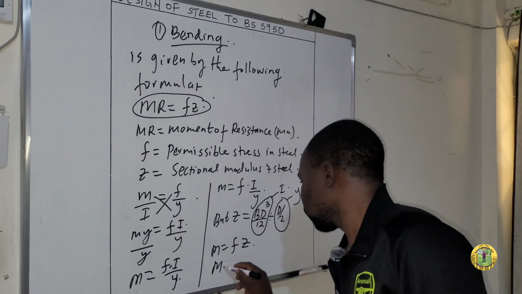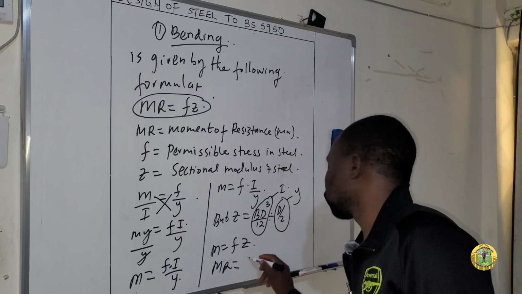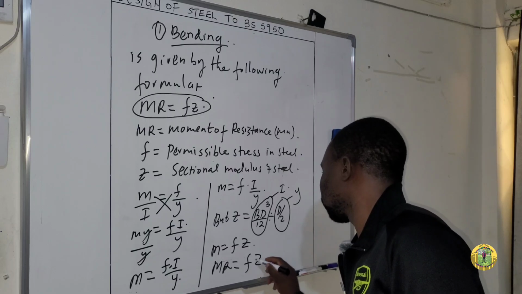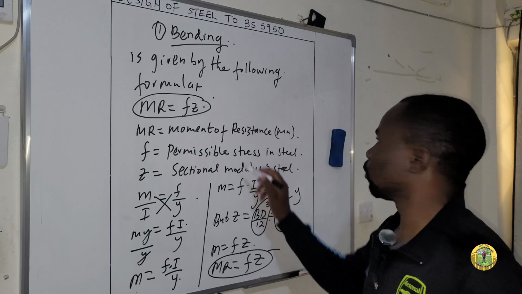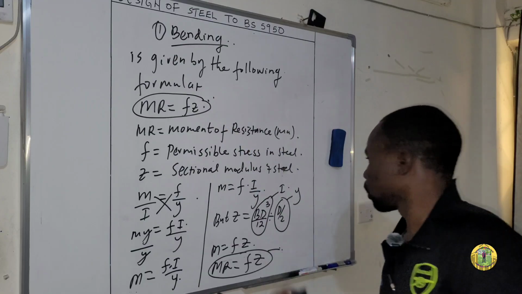So MR is equal to FZ. So this is the formula.